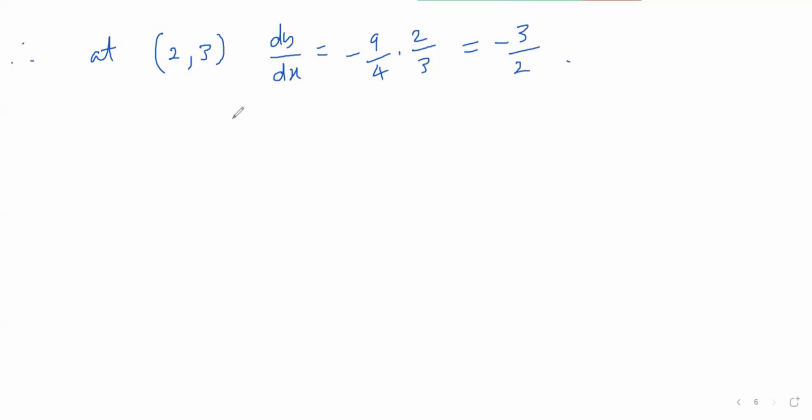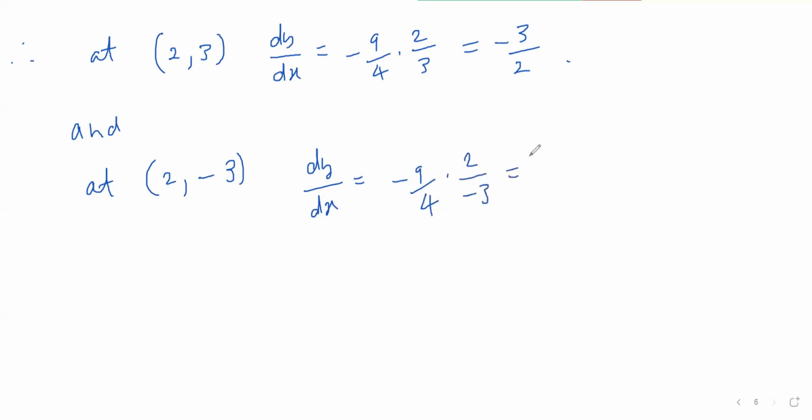So that's the answer for that. And at the point 2, minus 3, dy dx is equal to minus 9 over 4 multiplied by 2 over minus 3, which is equal to 3 over 2.